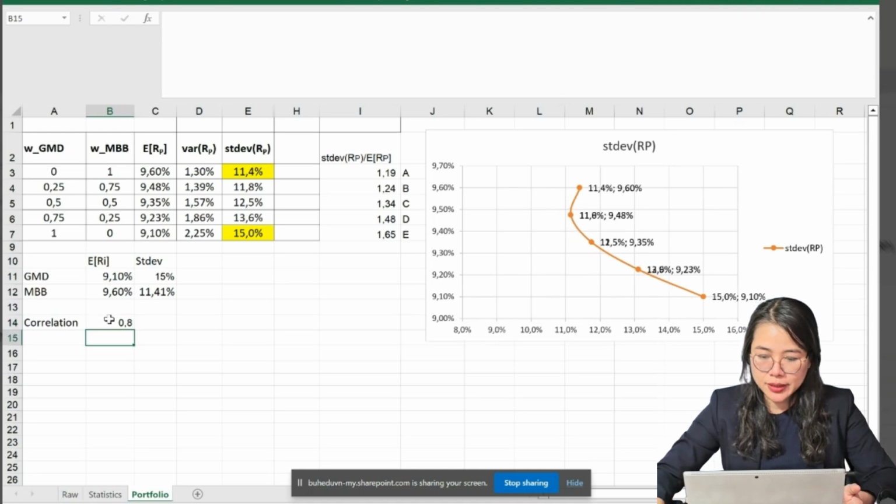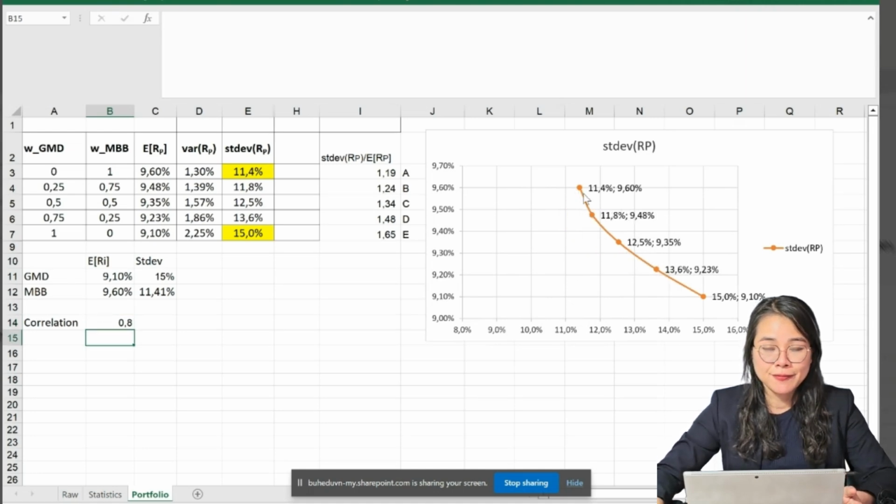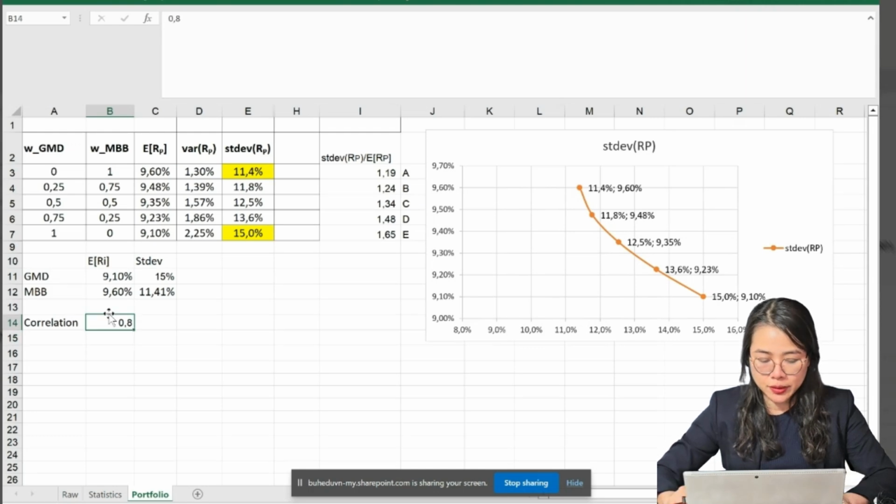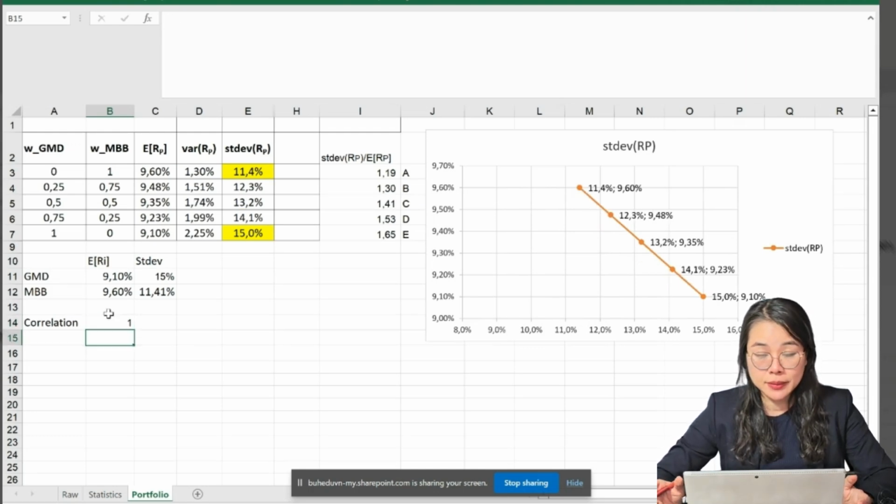Yeah, and you see this curve become flatter. If I increase to the perfect correlation, meaning 1, then it becomes a line, a linear. So the higher the risk, the higher the return. The portfolio with the lowest risk is the portfolio of 100% MBB.